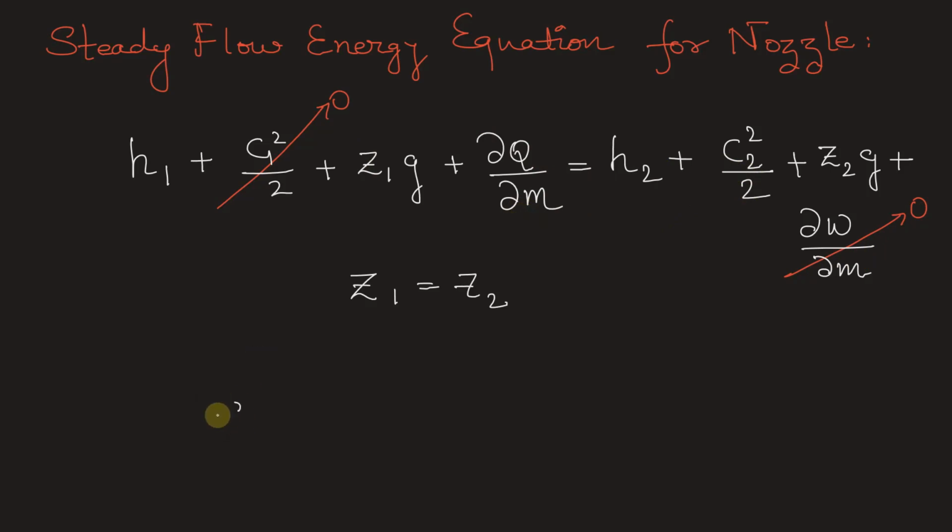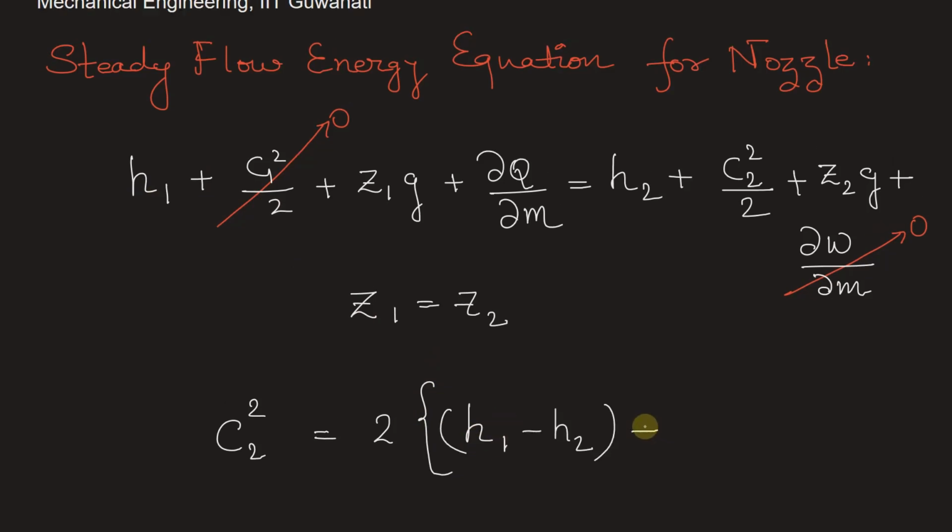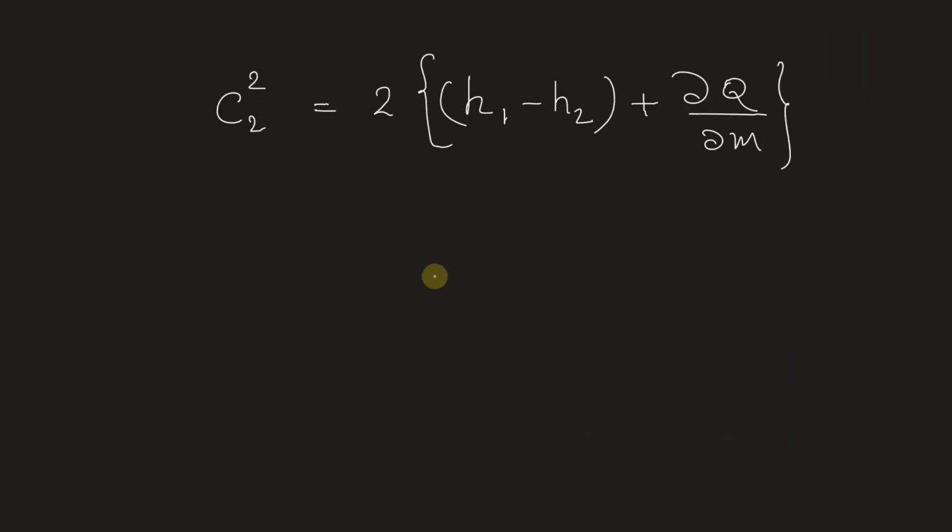So C2 square will be equal to 2 times of (H1 minus H2) plus dQ by dm. Now all the values are given in the problem. We just need to substitute.